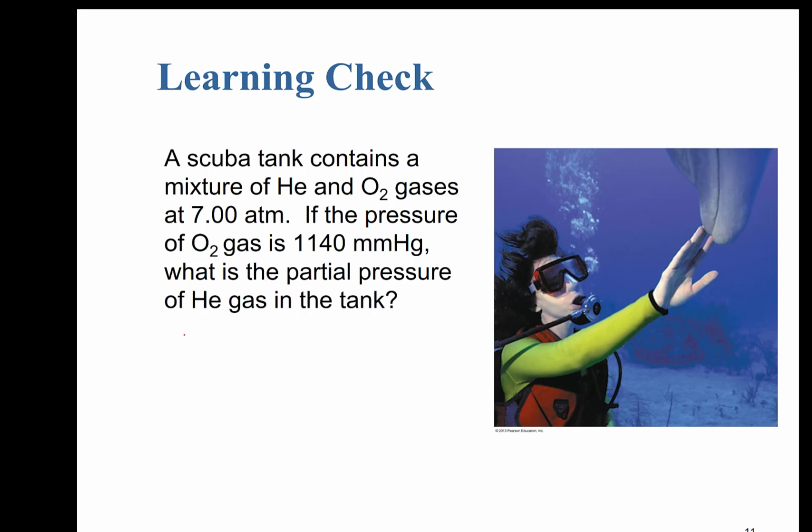So we have a tank, and we have helium, and we have oxygen. And the scuba tank is 7 atmospheres, and the pressure of the oxygen is 1140 millimeters. I'm going to need that in atmospheres since this one was atmospheres.